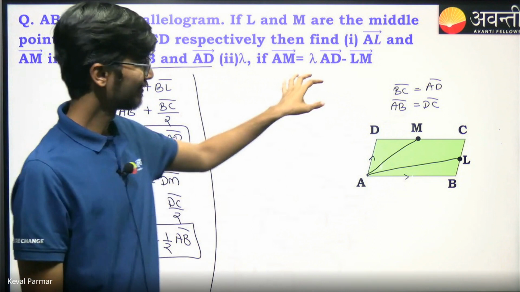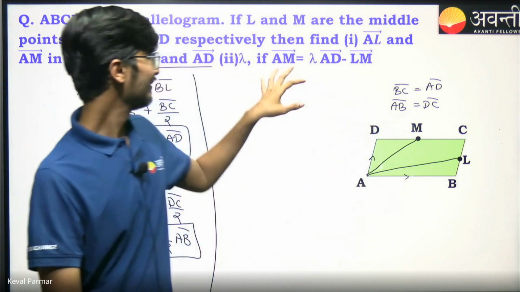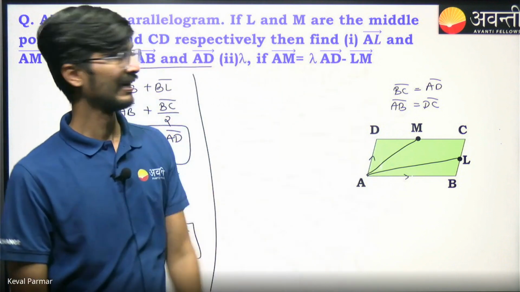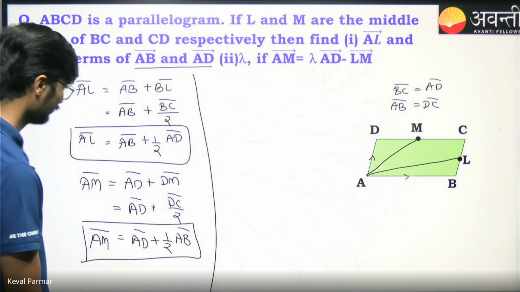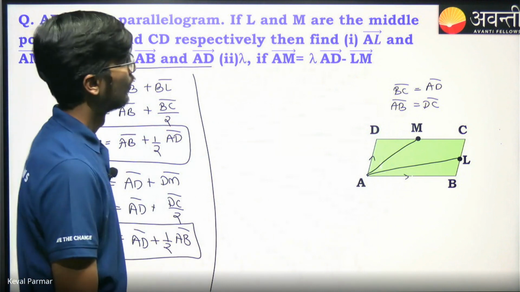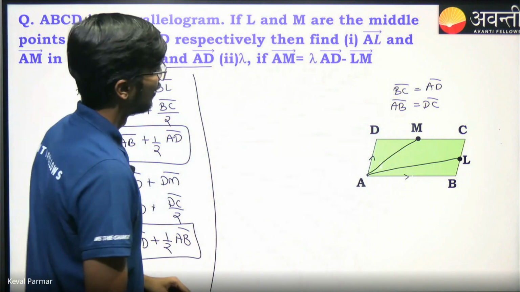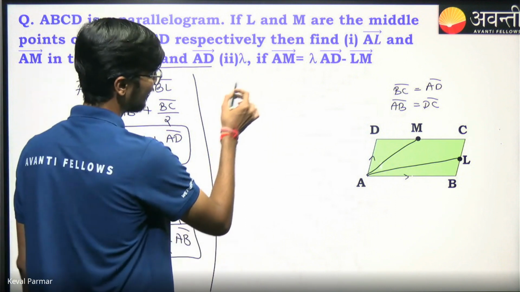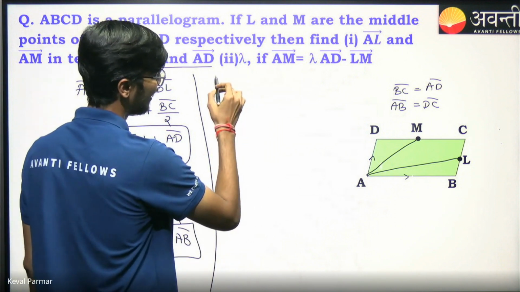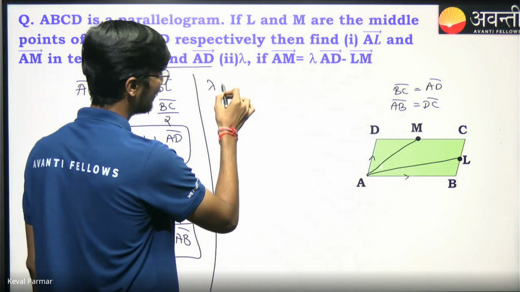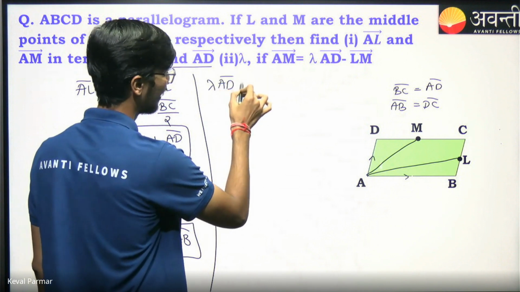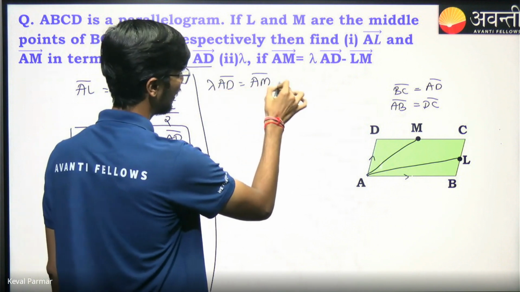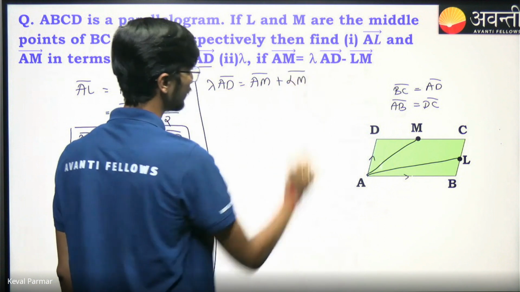Let's move on to the next, which is the interesting part, which says AM bar is lambda AD and LM. So I'll rearrange this as lambda AD bar is equal to AM bar plus LM bar. Right?